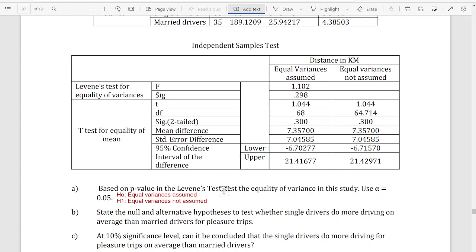So in this case, you can see that the p-value is 0.298. Okay, so in this case, since the p-value is equal to 0.298, okay, so in this situation, we fail to reject the null hypothesis.